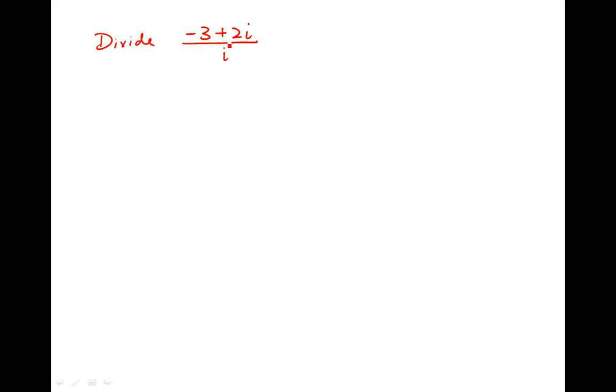Well, one thing we should know, we should not leave the denominator with i. So the denominator should not be a complex number with the i. So we have to get rid of the i in this case.